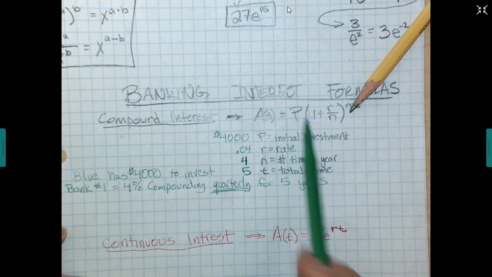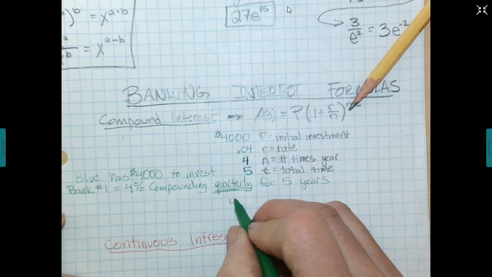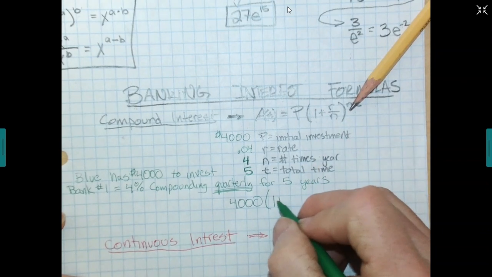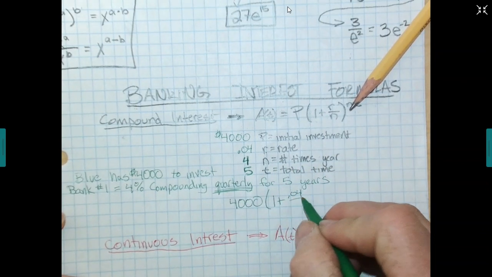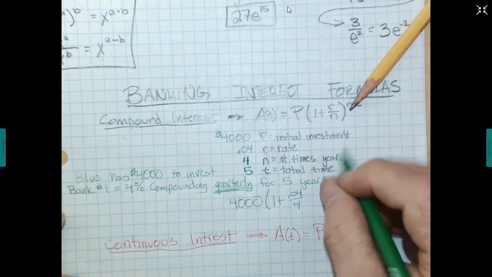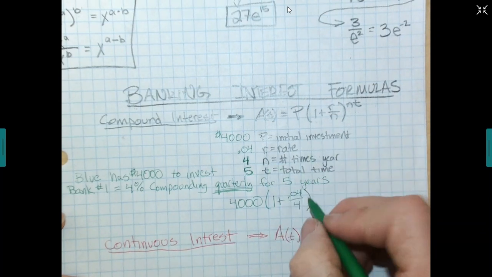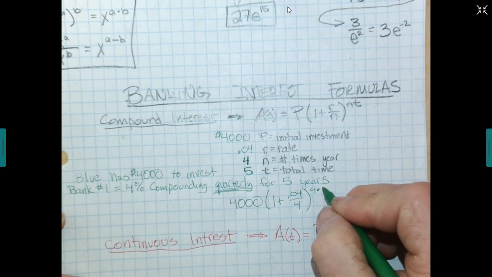So let's do it. So my P is 4,000. And then 1 plus my rate, 0.04, over my number of times a year, that's 4. And then I have my N, which is 4, times my T, times 5.